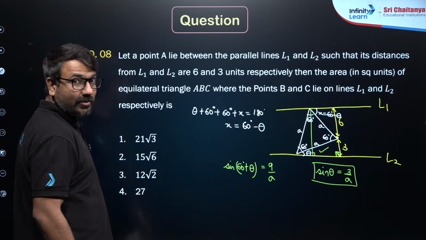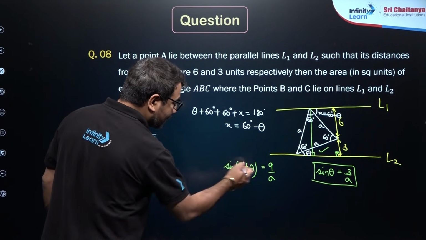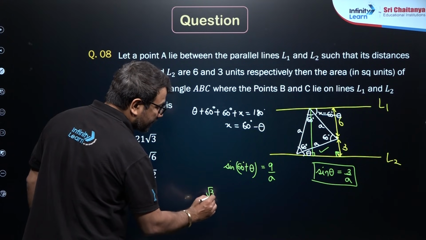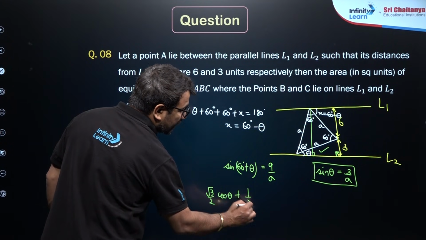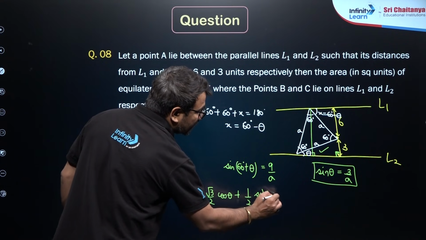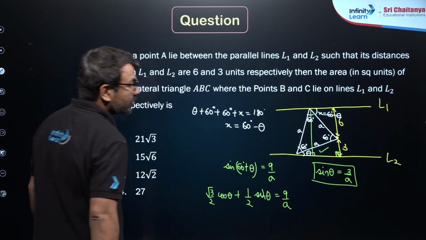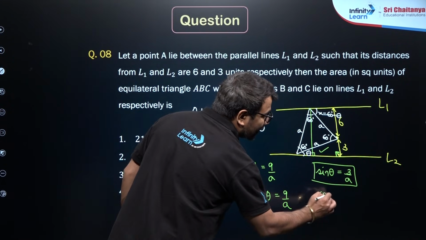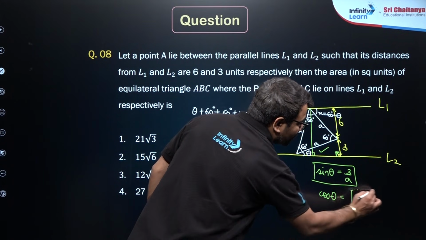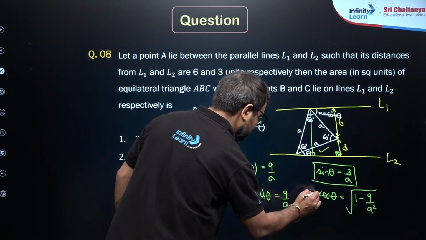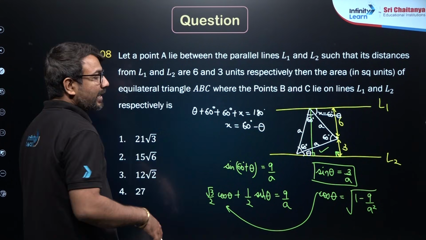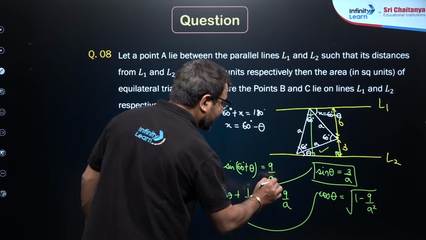If I expand this, sin A cos B plus cos A sin B, that will be 9 over A. So sin theta is 3 over A, then cos theta is square root of 1 minus sin square. So I will replace this cos theta value here, and I will replace this sin theta value here.